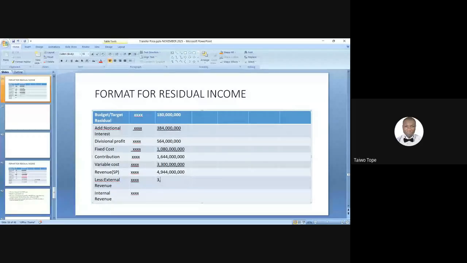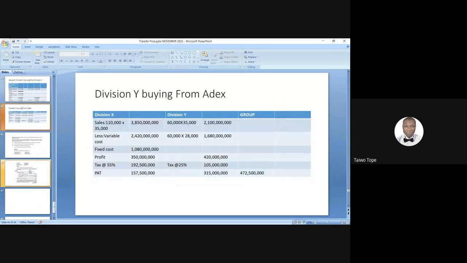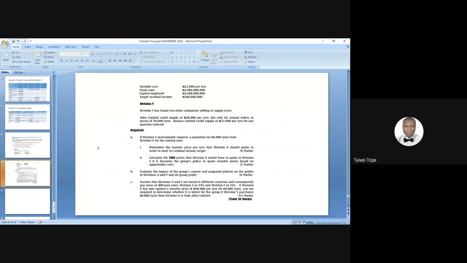All right. Okay. Let's go back to the question. There is something I want to point our attention to now. Coming back to the question, for us to determine the transfer price per tire that division A should quote, how many tires is division Y requesting from division S based on requirement A? 60,000 tires, fine.